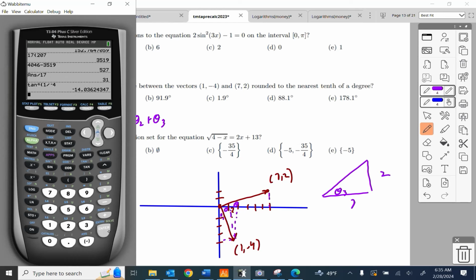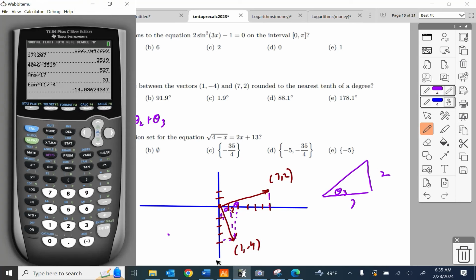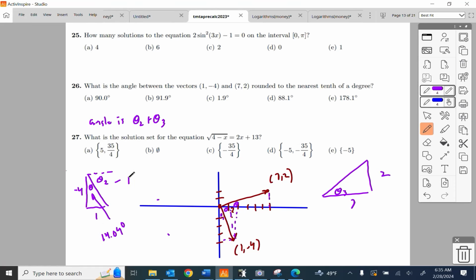And we're just going to keep the positivity of it: 14.04 degrees. So this guy right here is going to be 90 minus that, 75.96 degrees.